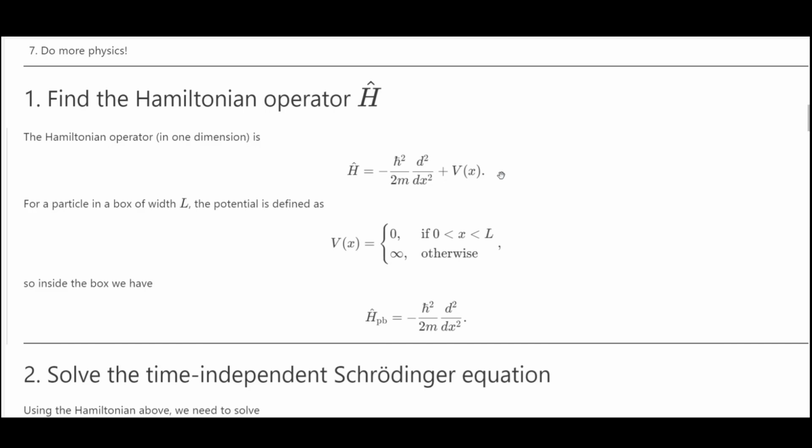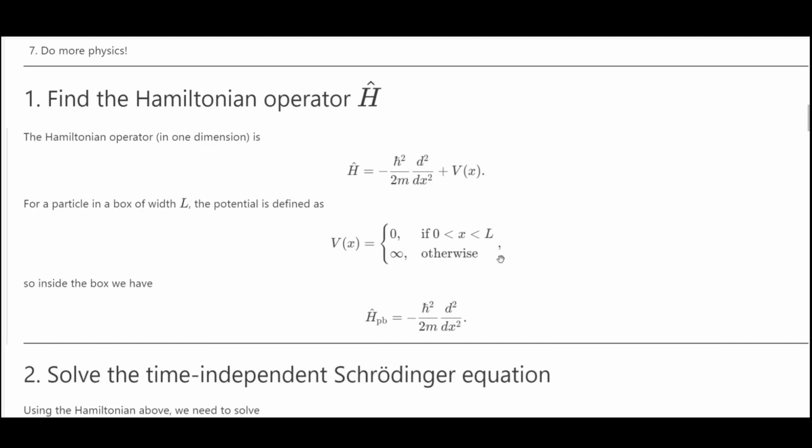As people who have studied basic quantum mechanics will know, it's a differential operator, and this particle in a box quantum mechanical model is defined so that the potential energy described by V is 0 if the particle is inside the box, which is located so that the left corner is at the origin, and the right corner is at L. So it's a box of width L. And like I said, inside the box, the potential energy is 0, and it's infinite elsewhere, outside the box.